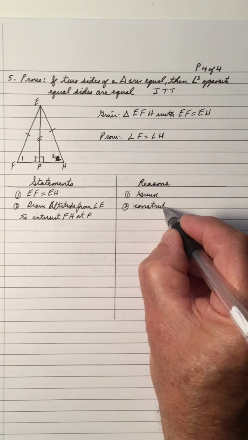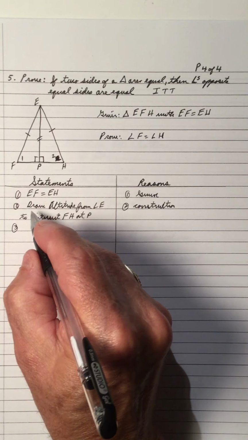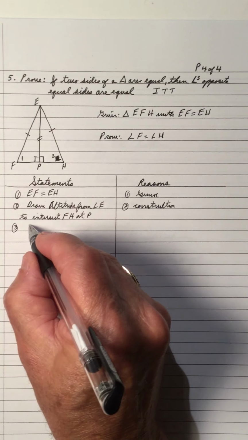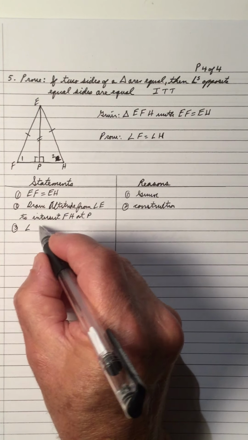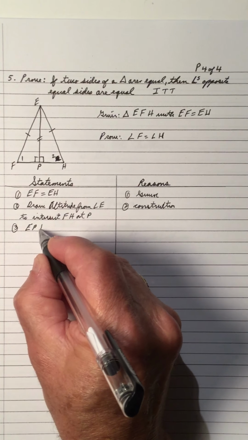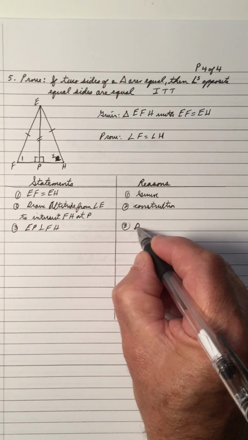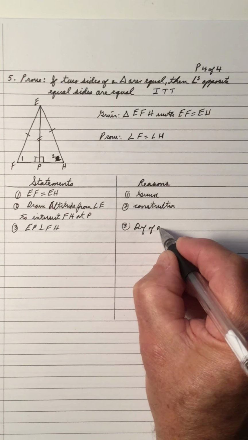I'm allowed to do that. And as a result, that's an altitude. So that means that EP is perpendicular to FH. Definition of an altitude.